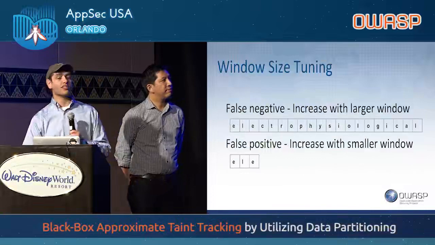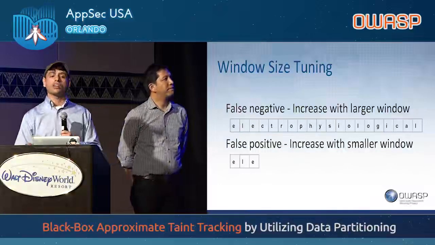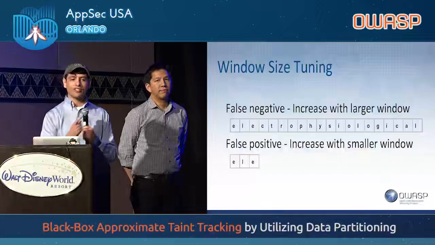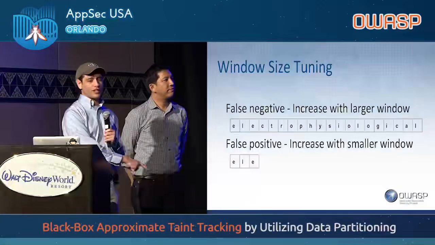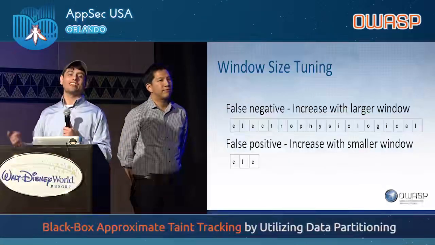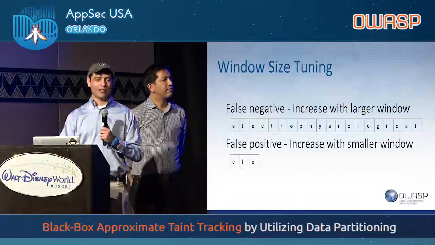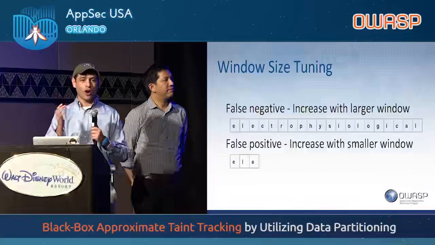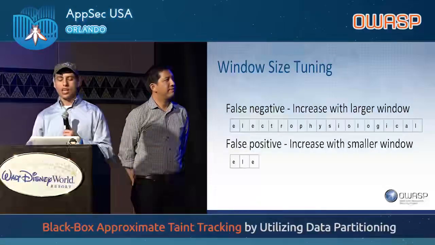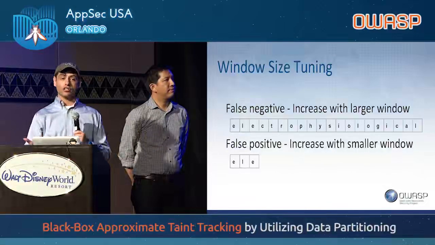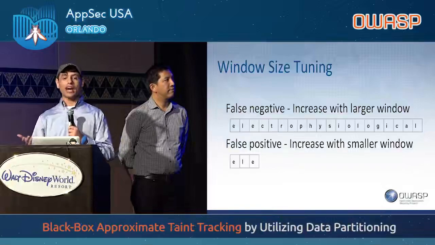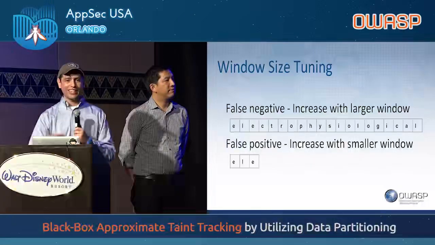And this is an approximation, but it's tunable. If we went to very small sizes and said, okay, if there's even a single character shared between an input partition and an output partition, you're going to get a very high false positive rate. Everything's going to look like it was tainted by everything else because, oh my goodness, you also used the letter E? Clearly, you've been reading my data. If I make the window very large, I'm going to get way fewer false positives. Oh, look, the same UUID has appeared in the input and the output.